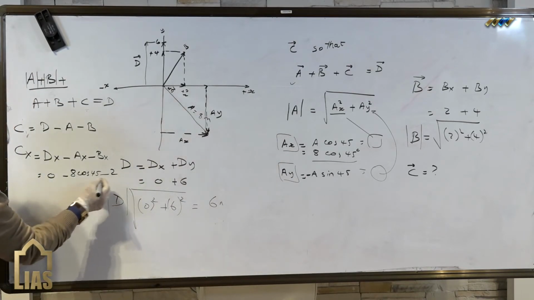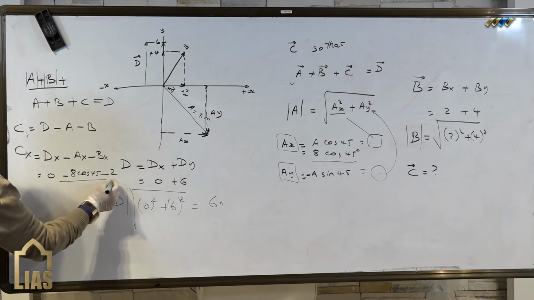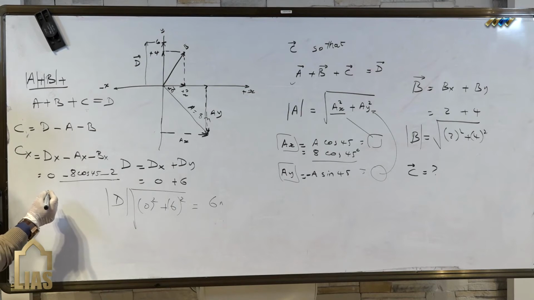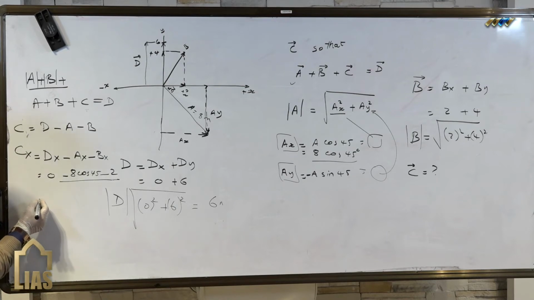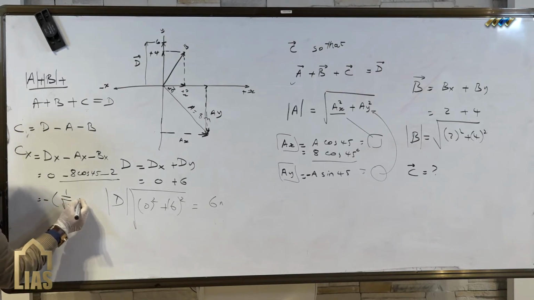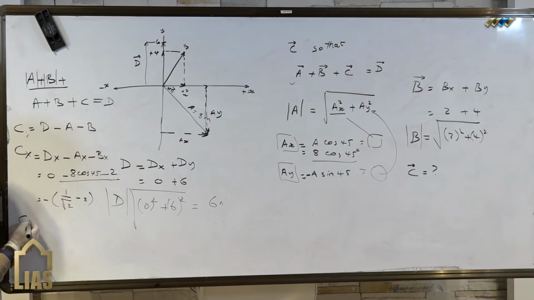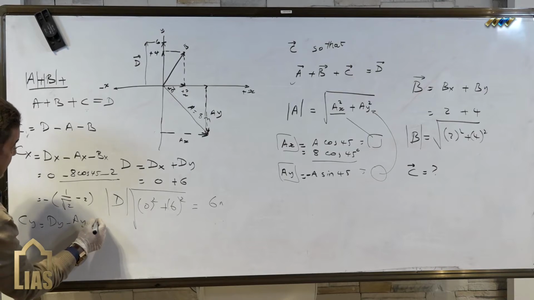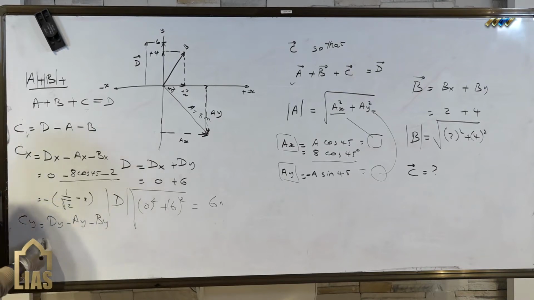Now, okay, you just take this. It's 45. 8 cosine 45 is equal to minus 1 over square root of 2 minus 2. Okay, cy is equal to dy minus ay minus by.